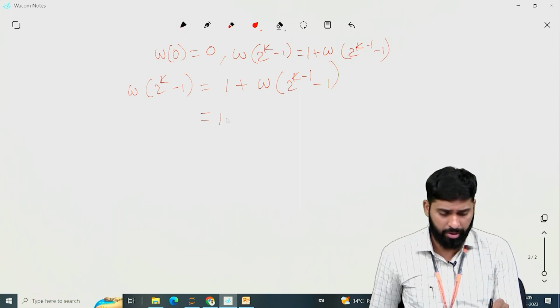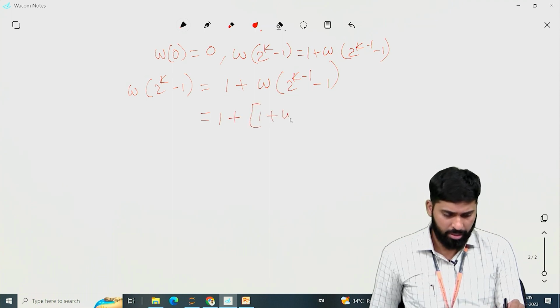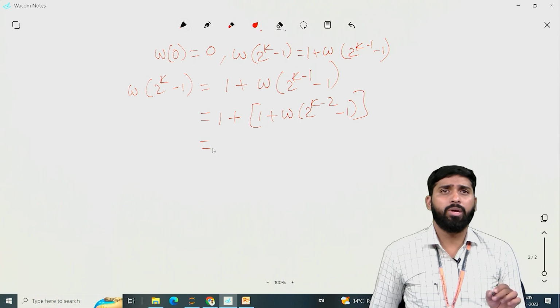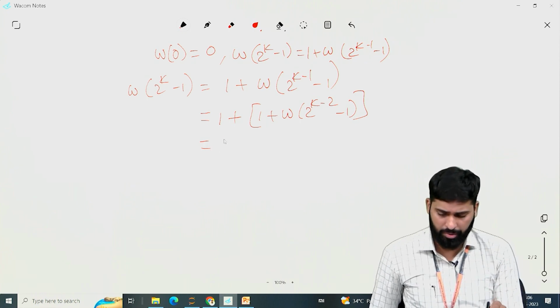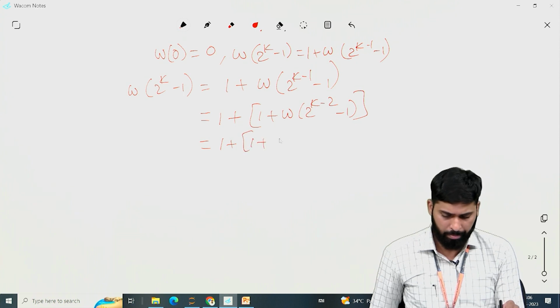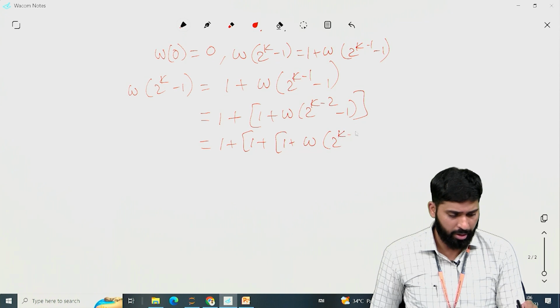We get 1 plus, again 1 plus W(2^(k-2) minus 1). Now we find W(2^(k-2) minus 1) and substitute. We get 1 plus W(2^(k-3) minus 1).